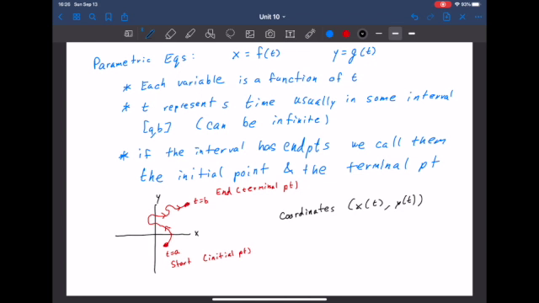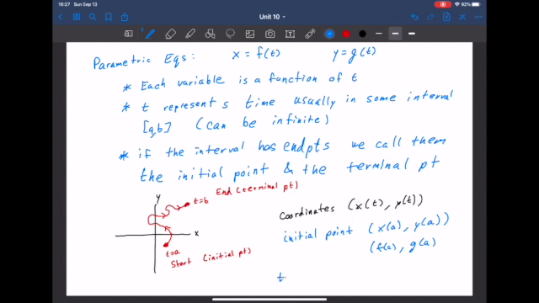The coordinates are given by these functions grouped into the normal xy system. So that means, for instance, the initial point would be something like x of a, comma, y of a, plugging in that value of t into both of my functions. Or like f of a, comma, g of a, if we had that relationship described up top here.